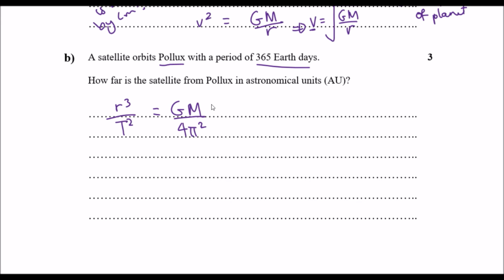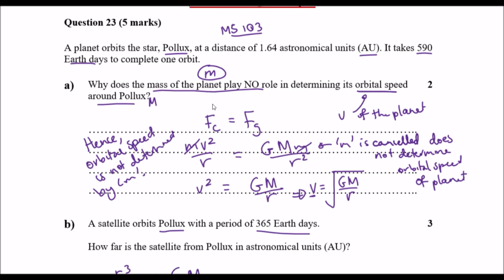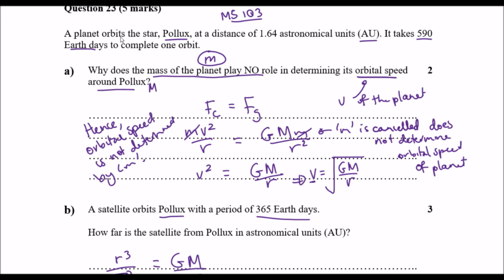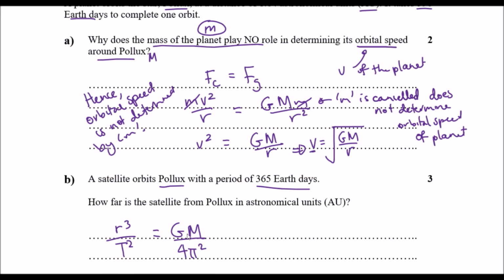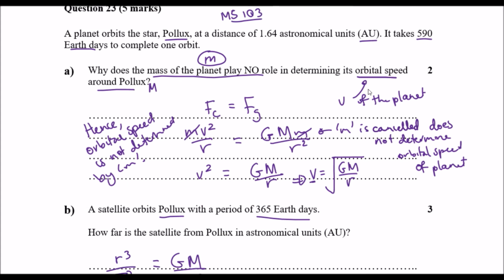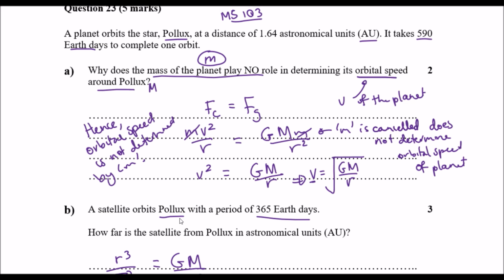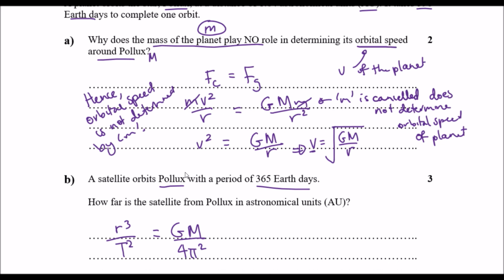If we look at this question, we can see that capital G we do have, but we don't actually have the mass of the star. So what can we do? We can actually rewrite the equation like this.